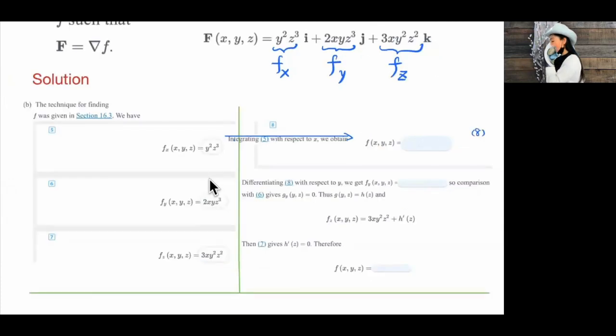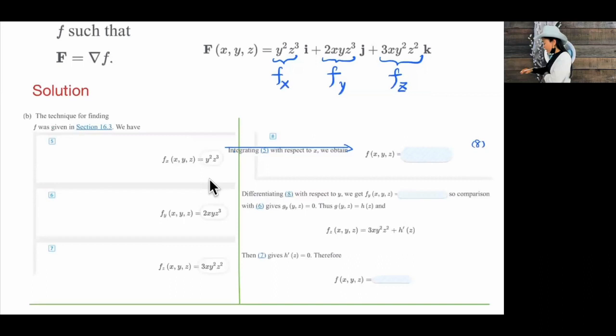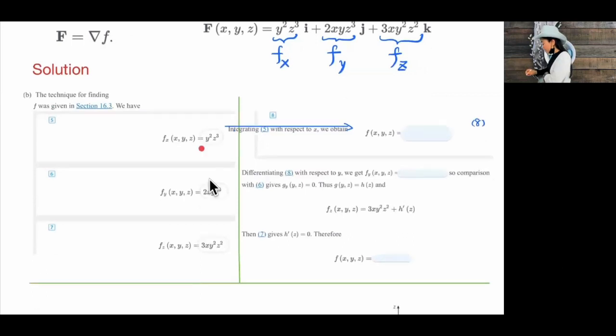And as I said, it's just like you take the antiderivative. We're going to do integration. The first one here was the partial derivative with respect to x, so we're going to integrate with respect to x. And what do you think we're going to get here? What's the antiderivative of this with respect to x?